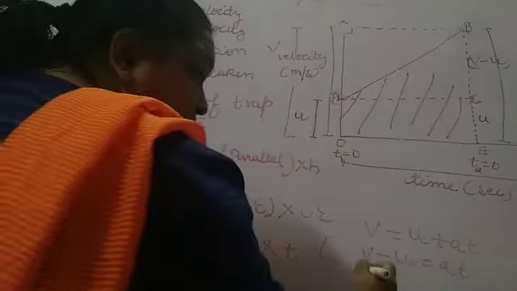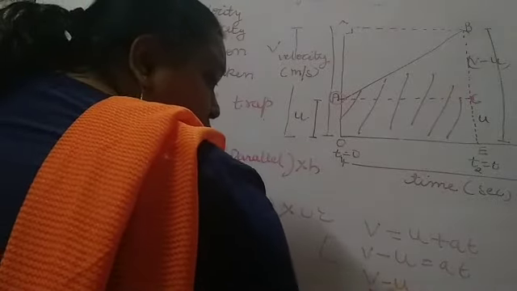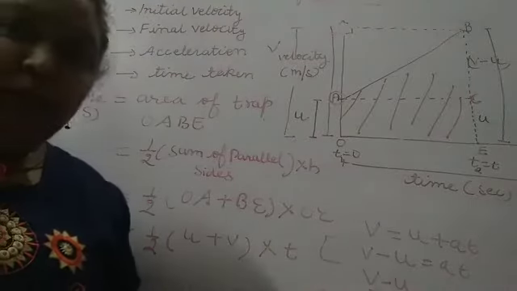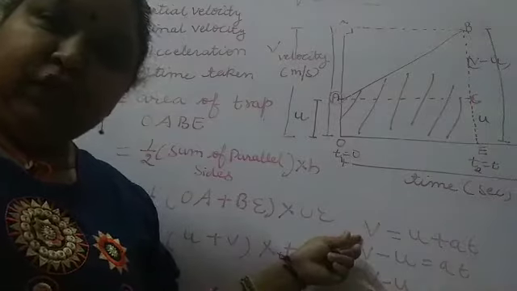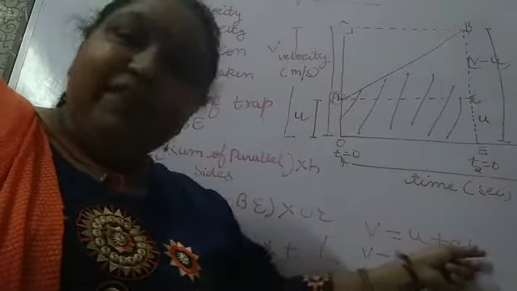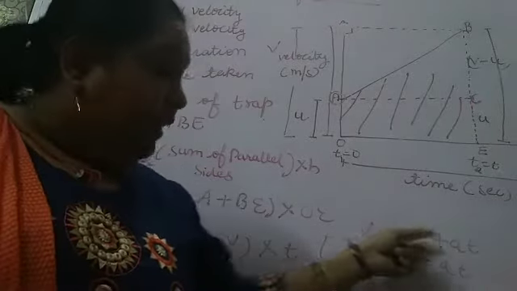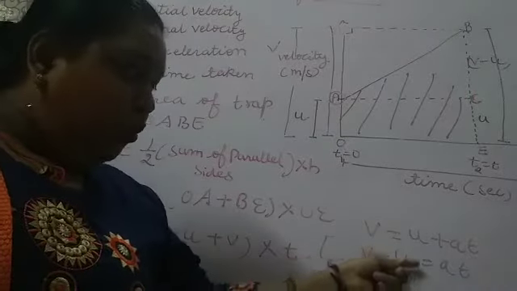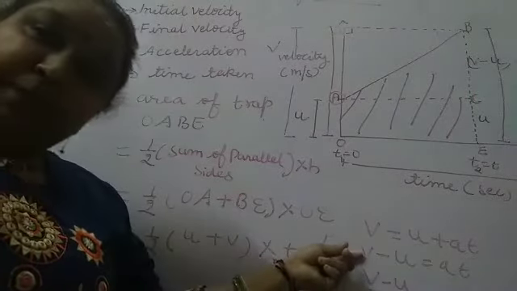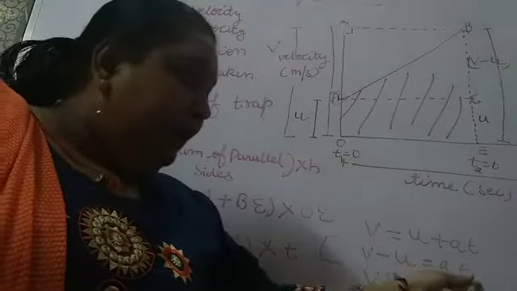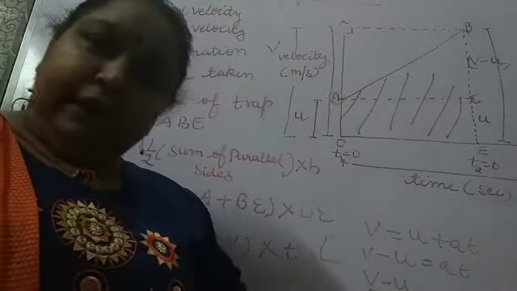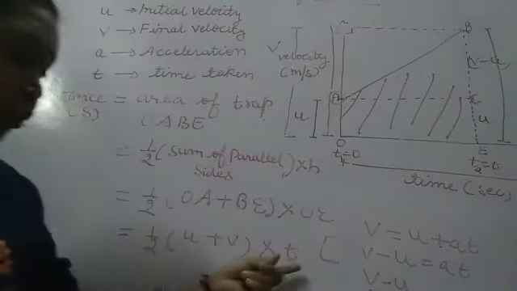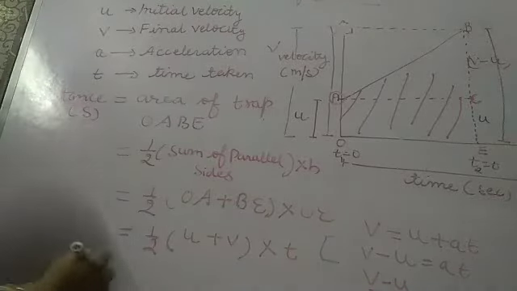Listen carefully: if I take U to this side, it becomes minus. V minus U upon A is equal to T. Clear? And this T value I am going to put here.